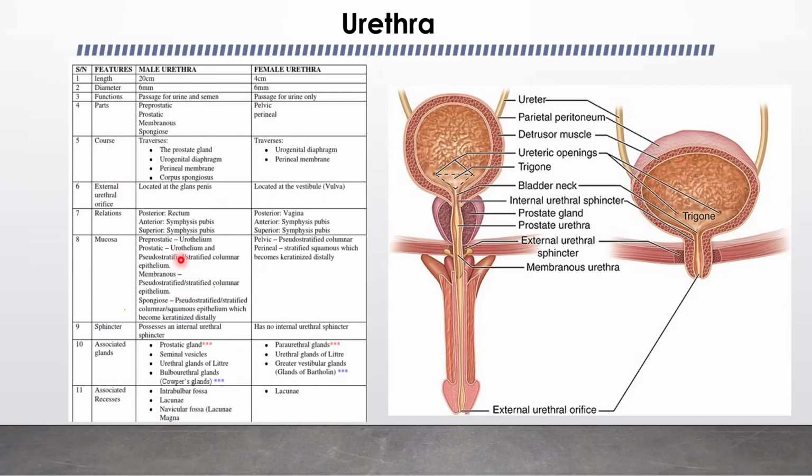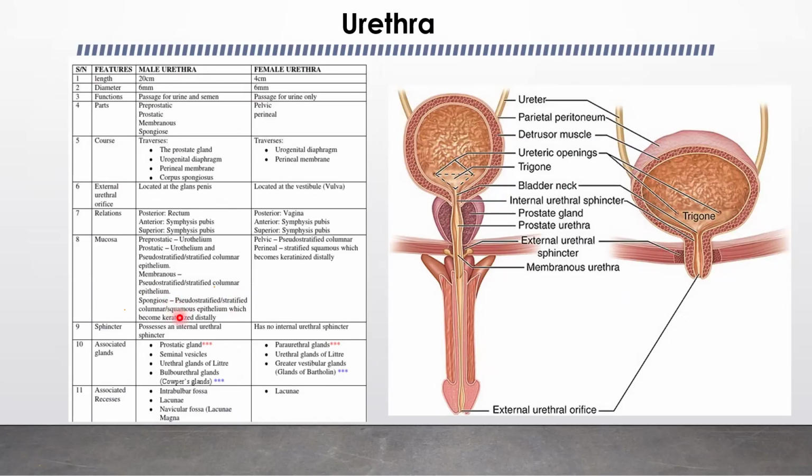Then the mucosa, this one is important. So mucosa in males will have different types of epithelium. The preprostatic part will have the urothelium. The prostatic part will have urothelium also. The membranous part will have pseudostratified columnar epithelium. The penile part will have pseudostratified epithelium on the inner bit, on the proximal bit.